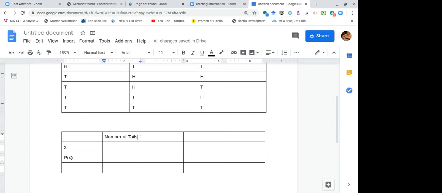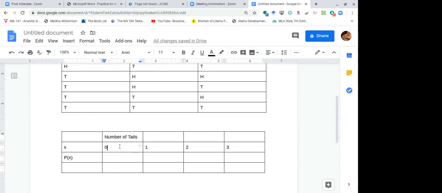So if you did that, you'd have 0, 1, 2, 3, then the probability of getting 0 tails would be all heads.